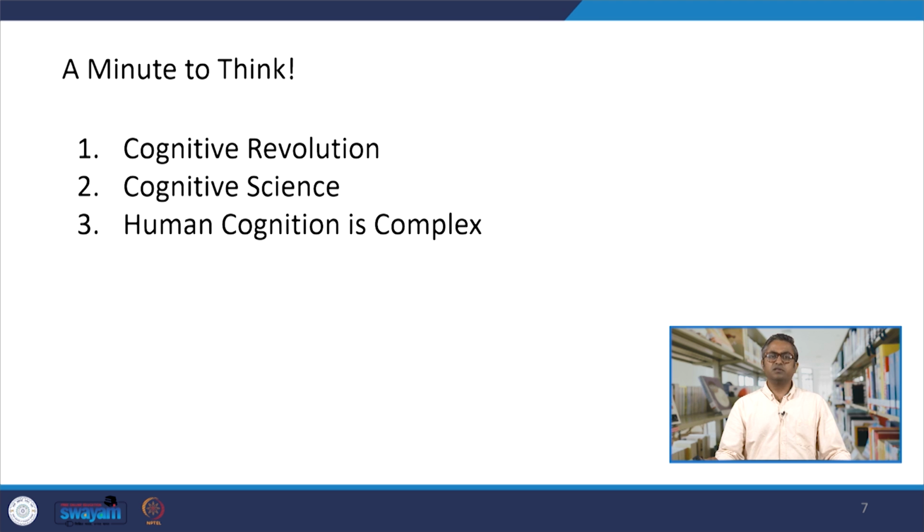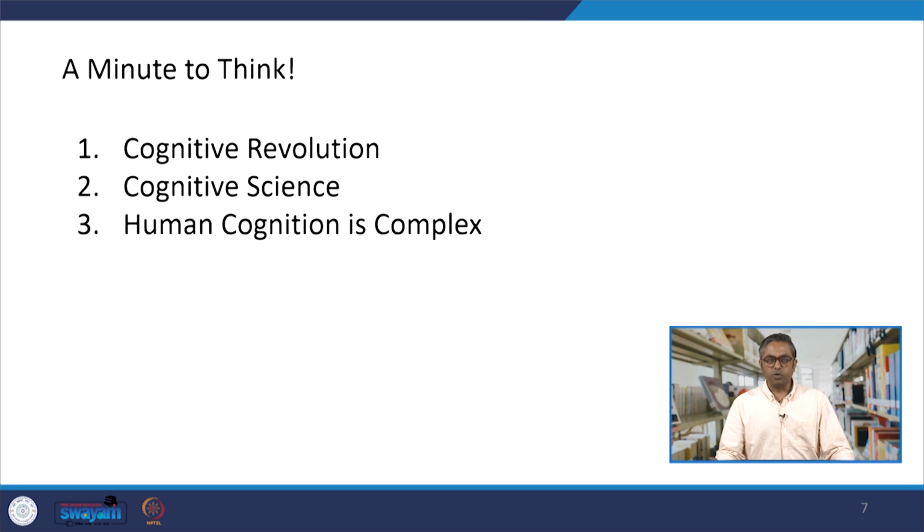People understood that the perceptual processes might be a challenge. And then this cognitive revolution led to the foundation of cognitive science, which ultimately made an attempt to reveal human cognition, which is complex in nature, in a simpler form, the stages of cognitive processes.